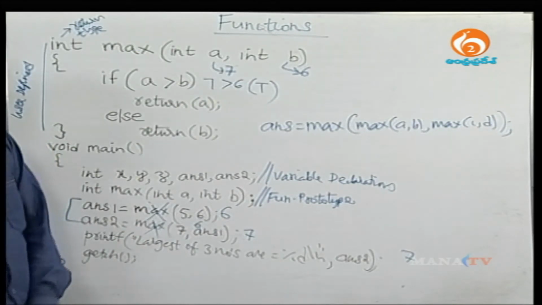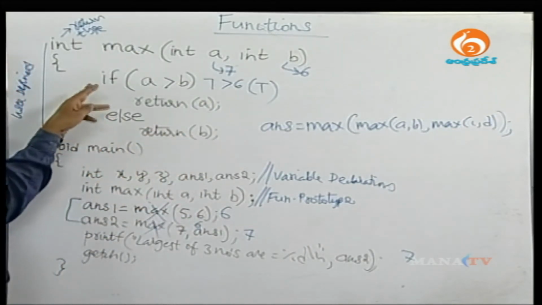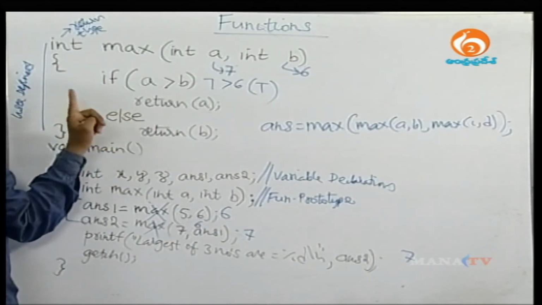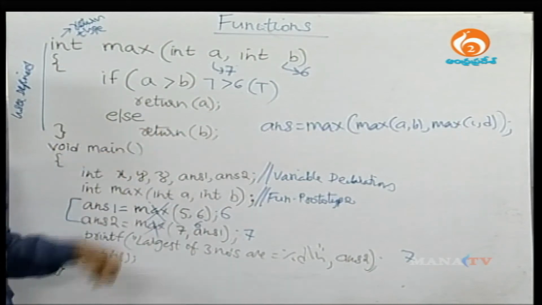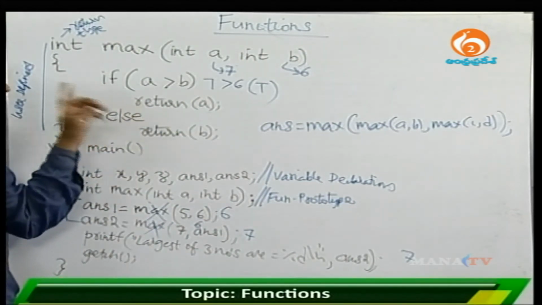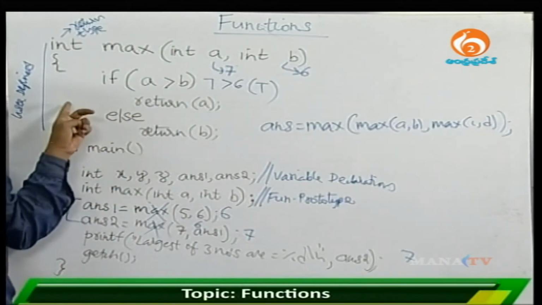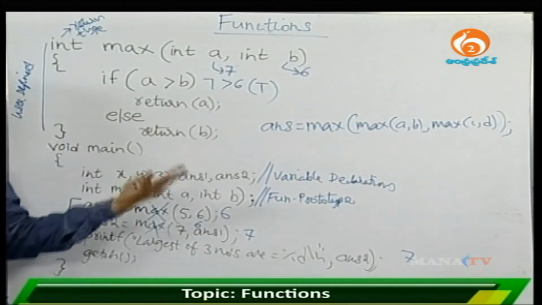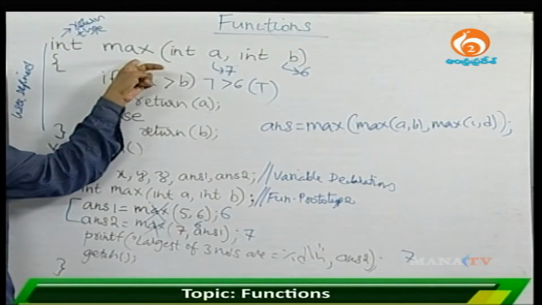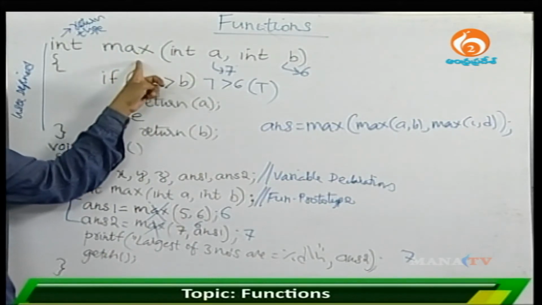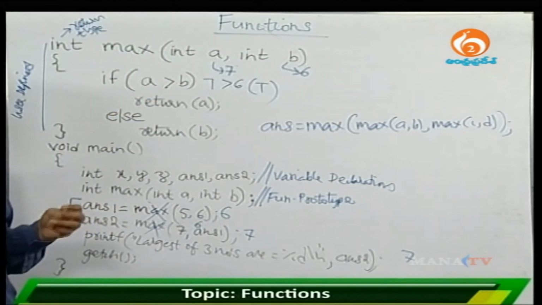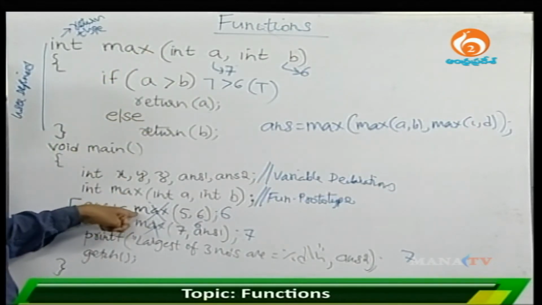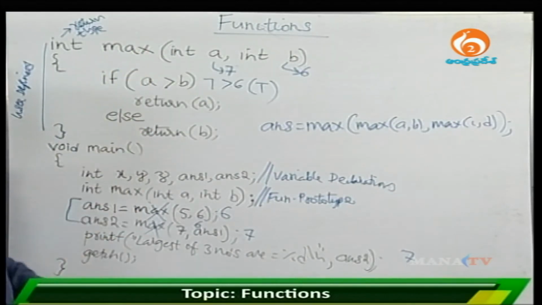Not only in this program, this max function can be reused in some other program also, simply by including this file name. Wherever you want to find the largest of numbers, you can just call this function name, that is it, finish.